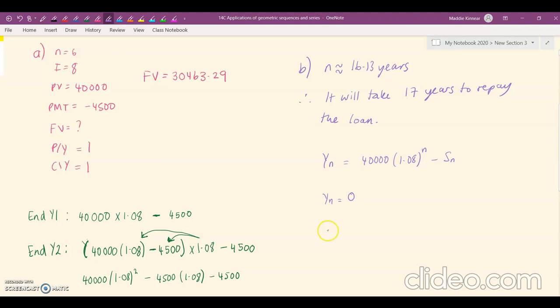So I get 0 equals 40,000 times 1.08 to the power of n minus, and my sum will be 4,500 times 1.08 to the n take 1, all over 1.08 take 1. And you can solve that on your calculator and get the same answer of 16.13. And that is everything.